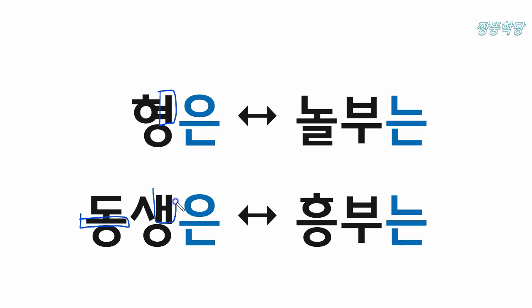This is vowel. This is also vowel. This is also a vowel. And the last part or bottom part must be consonant. This is consonant, and this is also consonant.